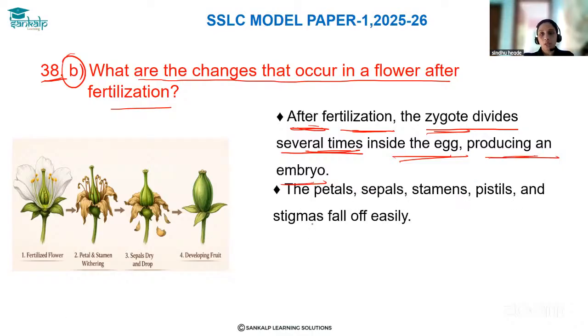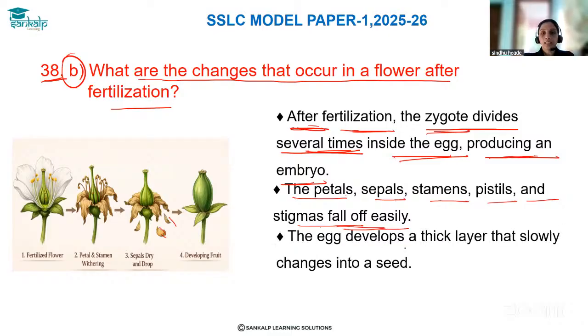Once the embryo is formed, the petals, sepals, stamens, pistils and stigmas fall off easily. These are all the remaining parts of the flower. Petals, sepals, stamens, pistils and stigmas all fall down like this. Then the egg develops a thick layer that slowly changes into a seed.